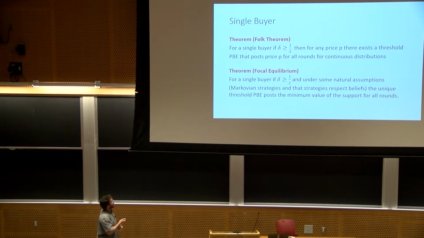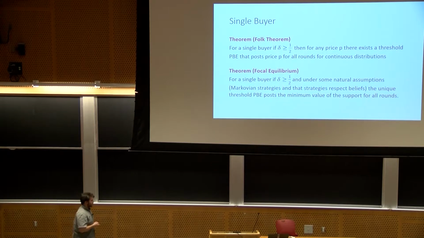And once we refine them by using some Markovian assumption and some natural assumption, which I refer you to the full version of the paper for the description, then the only equilibrium that remains is the one where essentially the seller is giving it for free every round, which corresponds to the equilibrium of Hart and Tirole for the case of discrete valued agents.